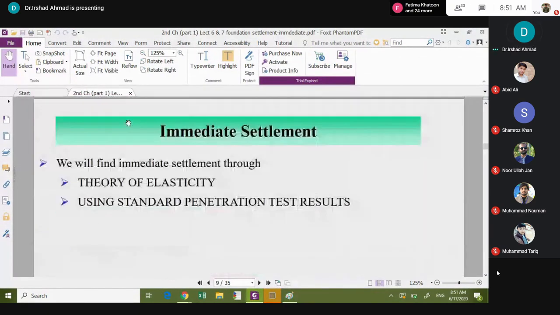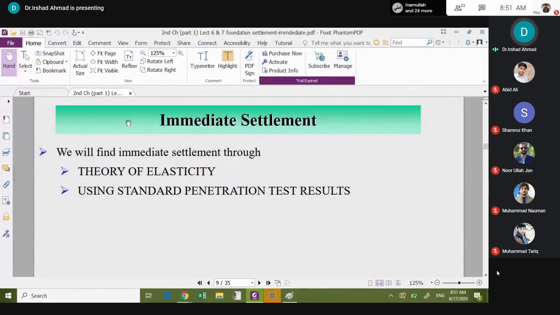Now come to the first component of the settlement, which is immediate settlement, which occurs very quickly after you apply the load.